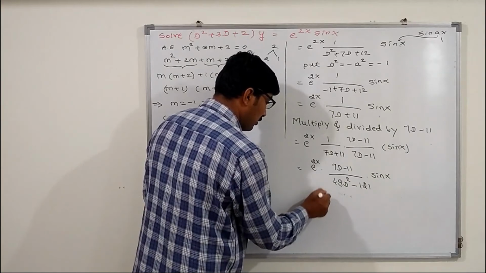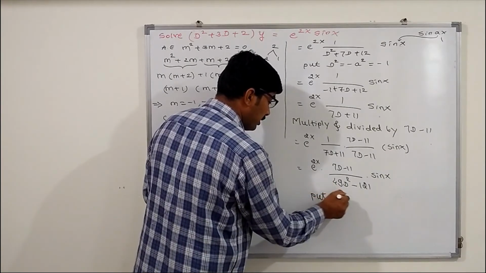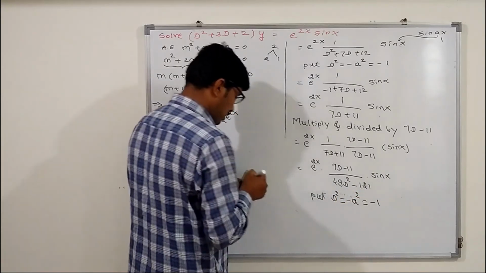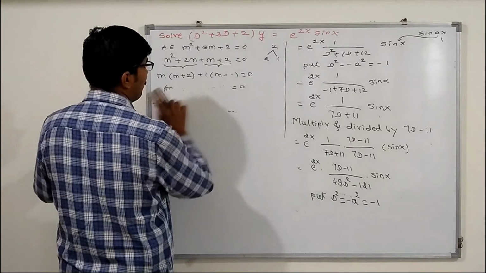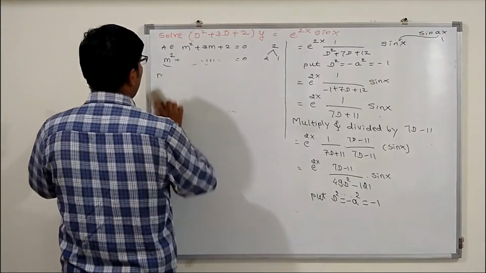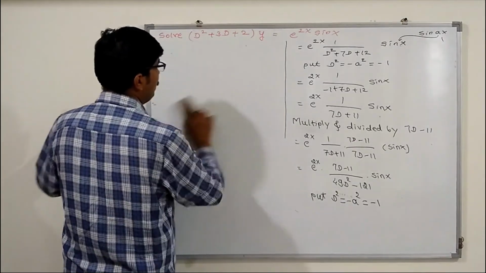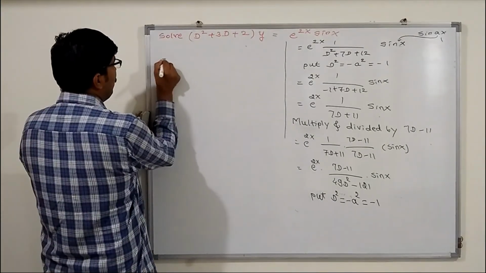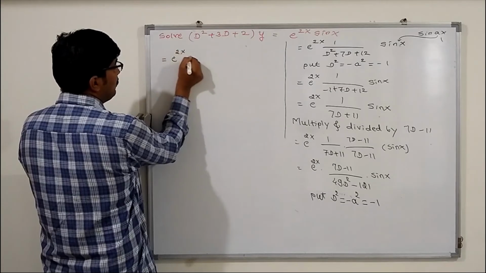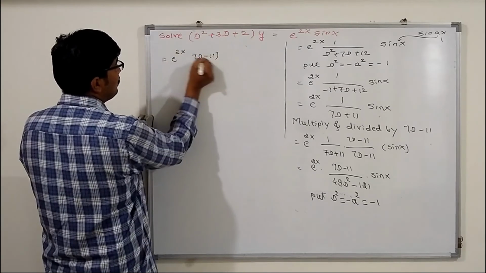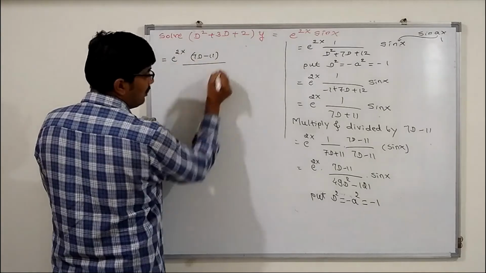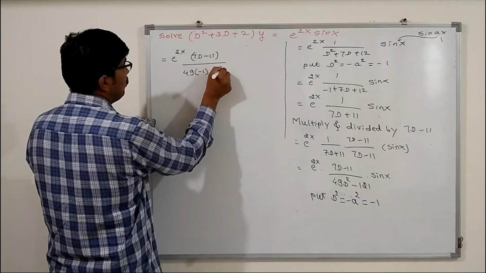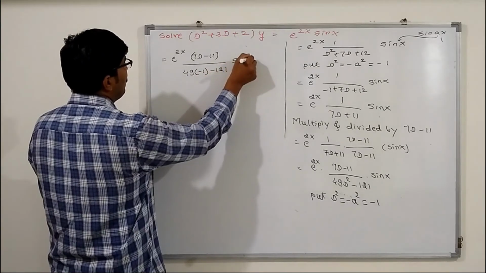Now again put D square is equal to minus a square is equal to minus 1, so that we get e raised to 2x, 7D minus 11 divided by 49 into minus 1 minus 121, of sin x.